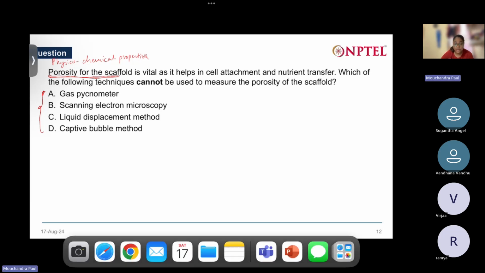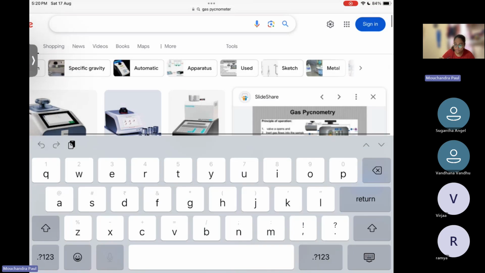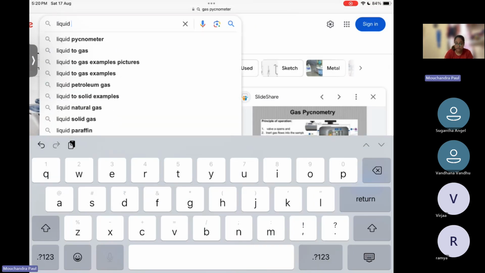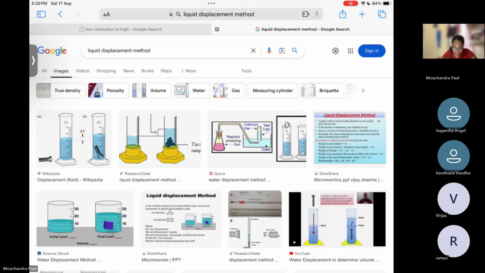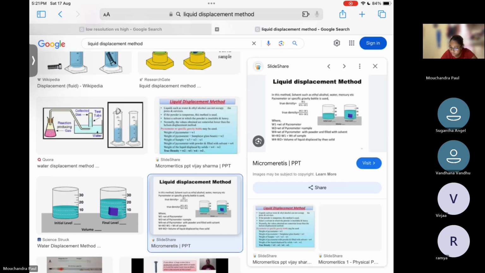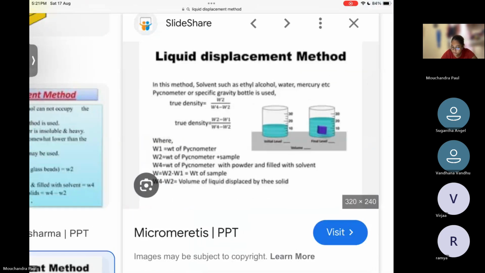Then this technique is called liquid displacement method. Here we actually use liquid mercury. So we dip our sample into a liquid solution. Mercury has been widely used for this method. Once immersed, the liquid can go and fill up the void spaces.